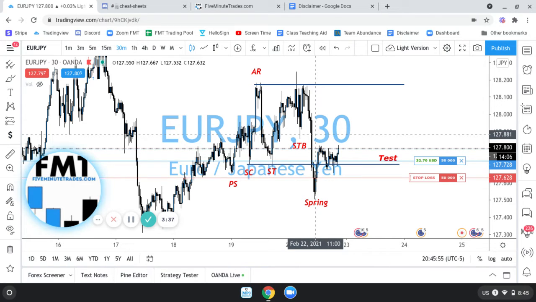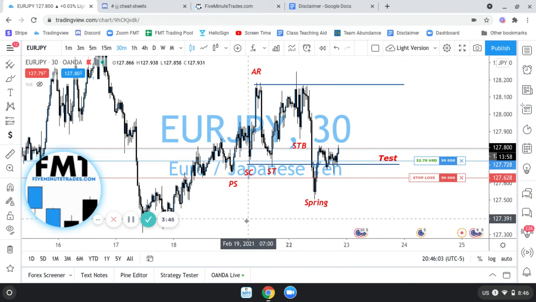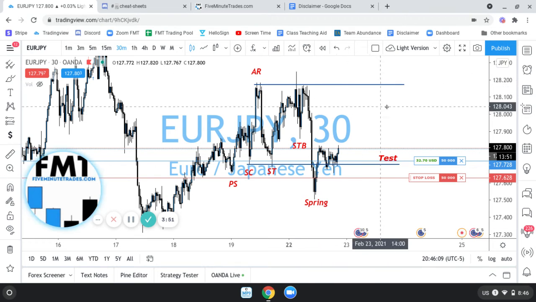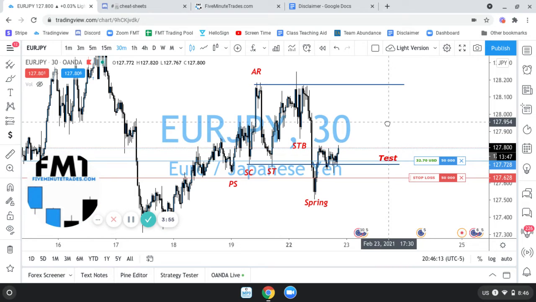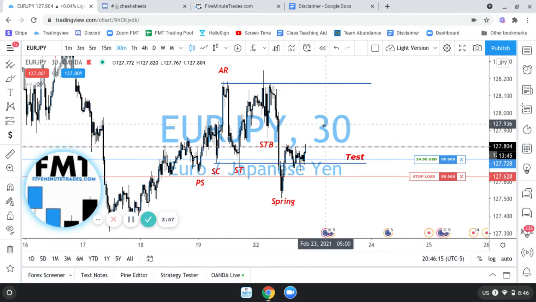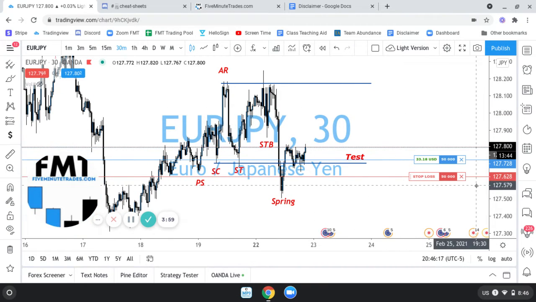When you have accumulation, you're going to have a manipulation of the lows. See, the spring broke down the lows. When you have a distribution, you have a manipulation of the highs because they're getting ready to sell. So this, I believe, is an accumulation. That's why I'm in this trade as a buy.